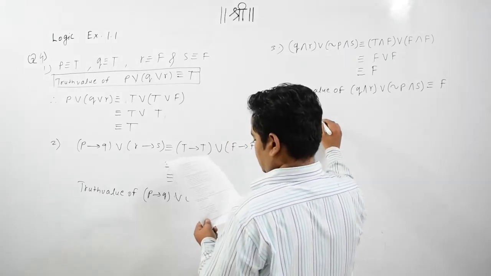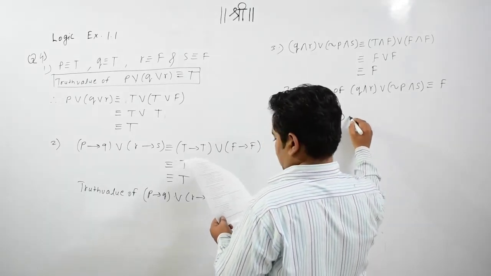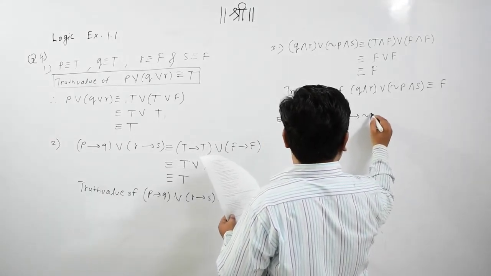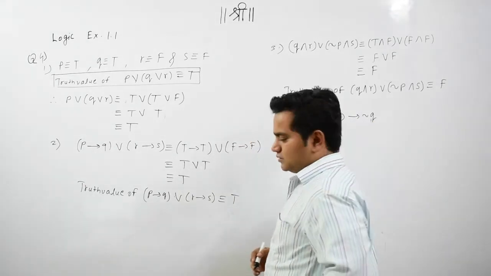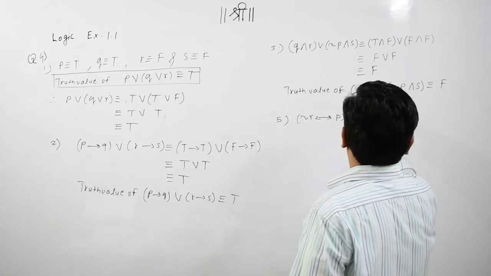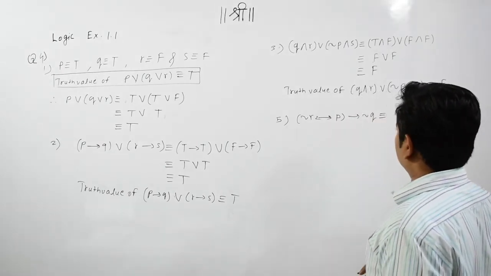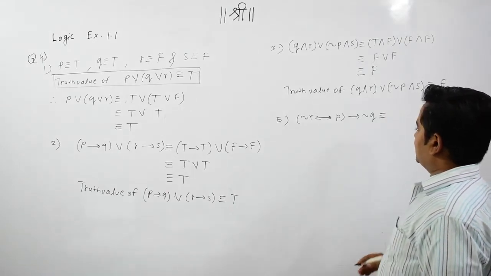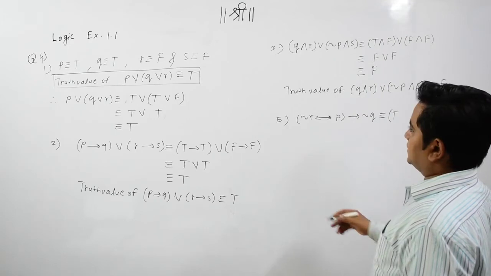So negation of R double implication P implies negation of Q. Okay, very difficult. Okay, it's not difficult. You see, very easy question. Just look, we have so many symbols introduced over here. Just look at them properly. So what is the negation of R? It is nothing but T. Okay, so T is F.